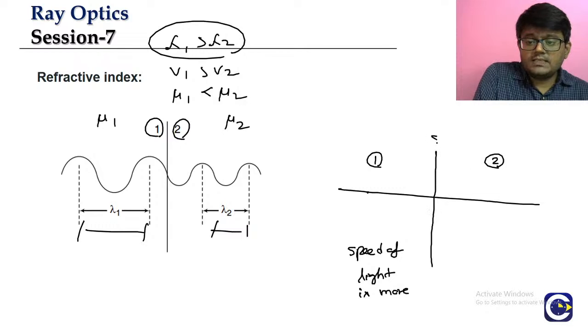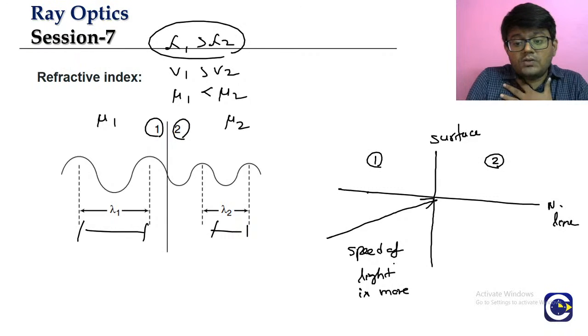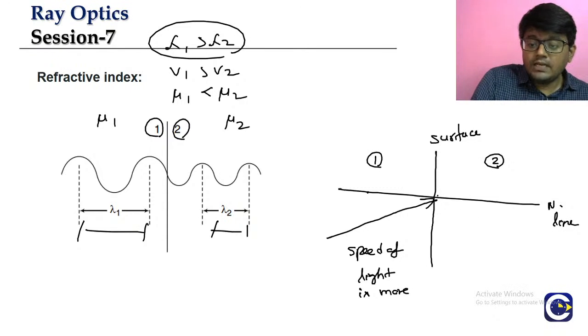So this is the surface and this is the normal line. Now we are incident a light. So in medium 1 the speed is more. In medium 2 the speed is getting lesser. So I'll draw the original path. This is the original path.